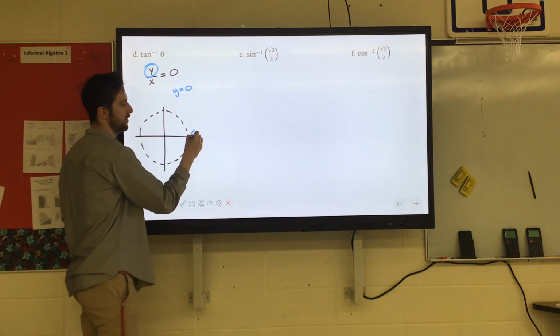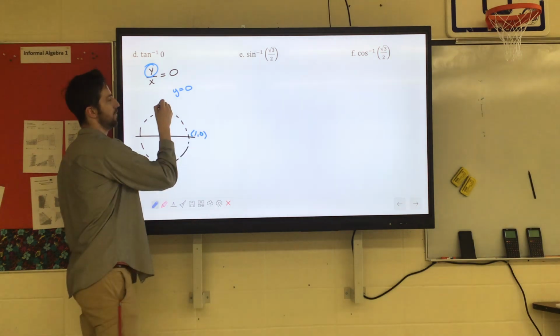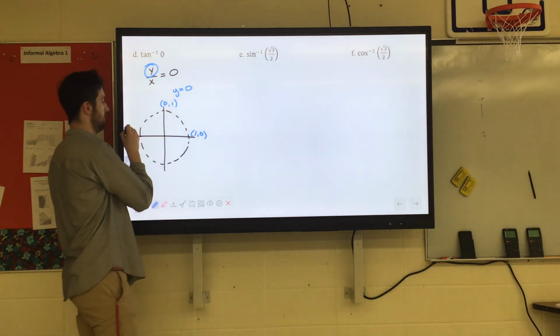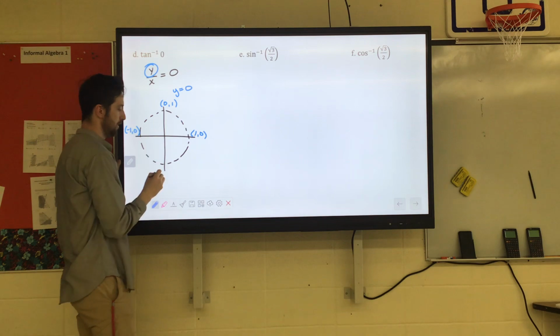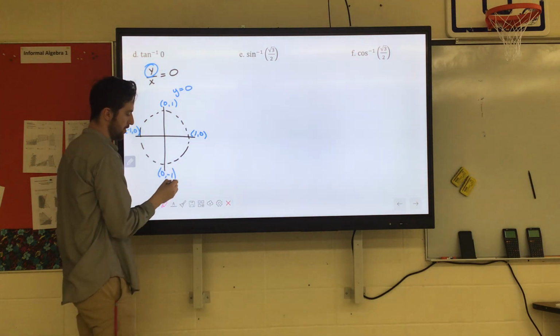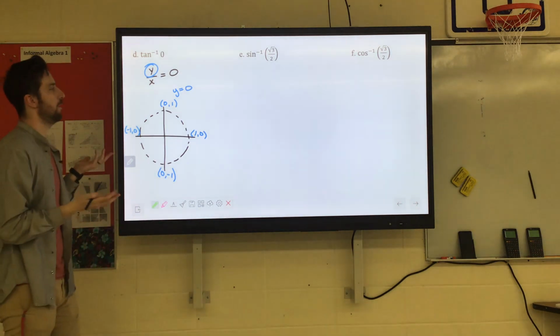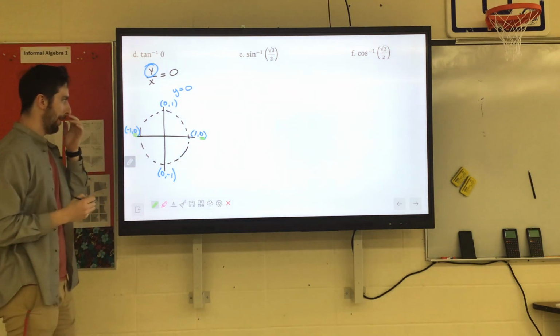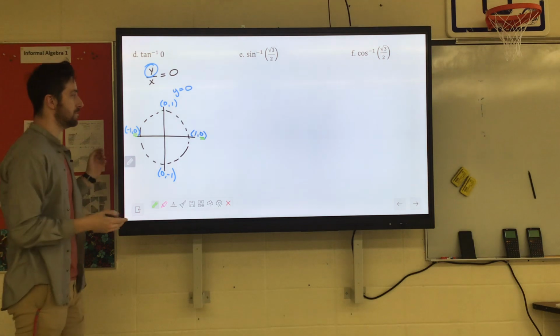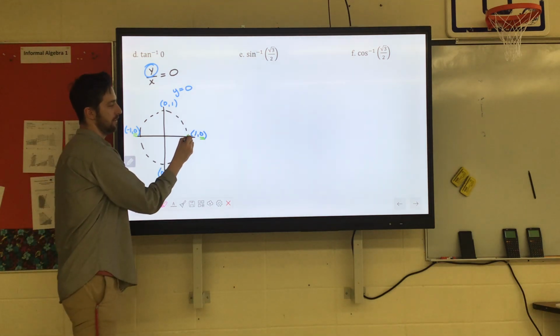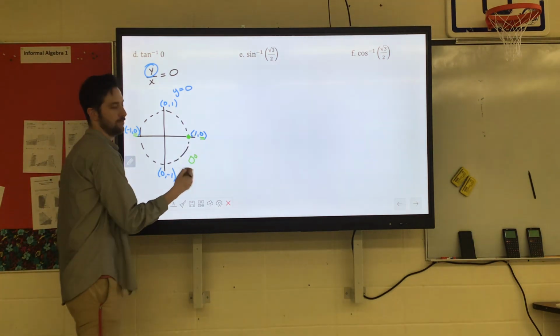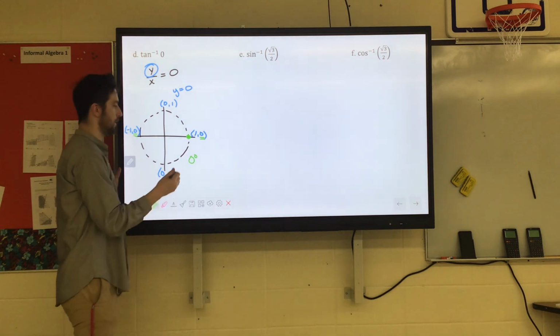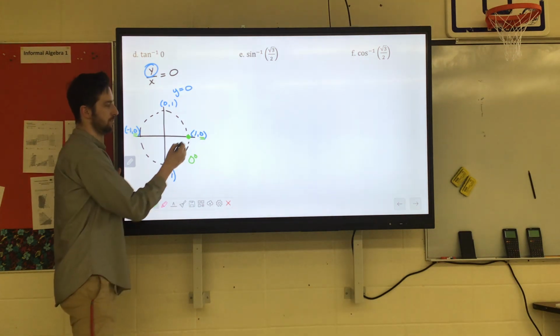Now this point here is 1, 0. This point here, 0, 1. Over here is negative 1, 0. Down here is 0, negative 1. Which spots have y equals 0? Right here and right here. So if we're listing those in degrees, I know over here is 0 degrees. It's also 360 degrees, but I'm going to write it in order here. So this is 0 degrees.